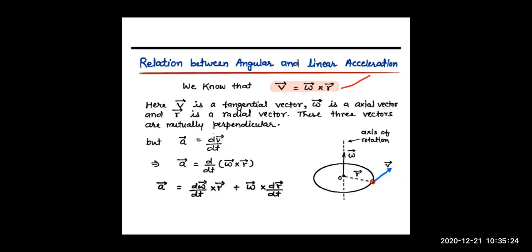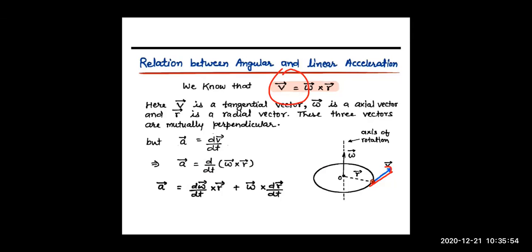And at that point P, let the position vector of the particle be vector r. So we know that vector v equals vector omega cross vector r is the relation between the linear velocity and the angular velocity. And we saw that the direction of v is along the tangent. It is tangentially upwards, right children?